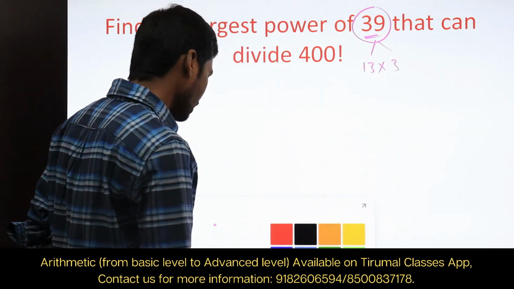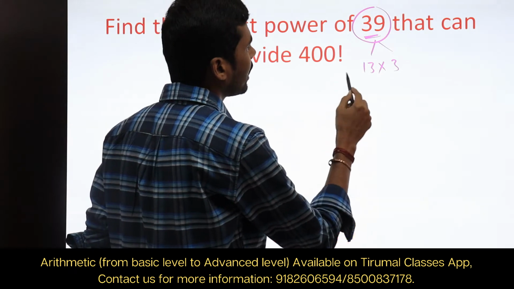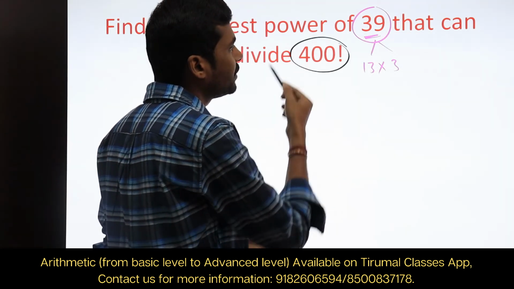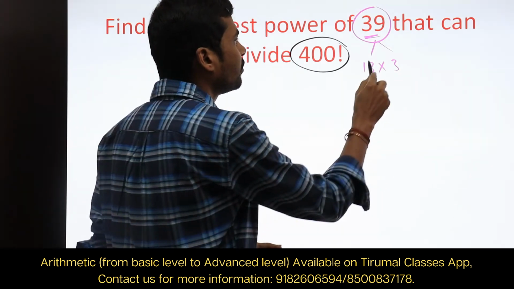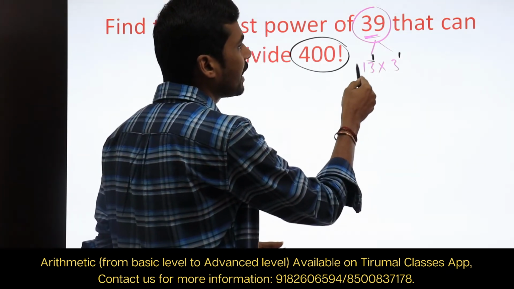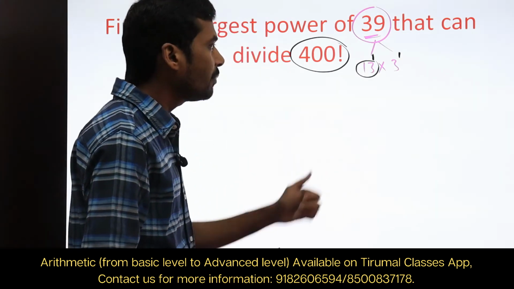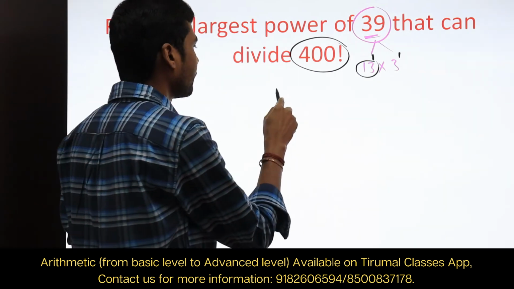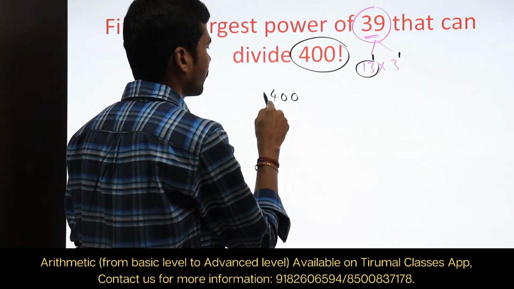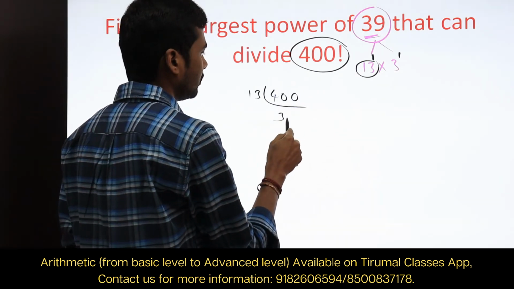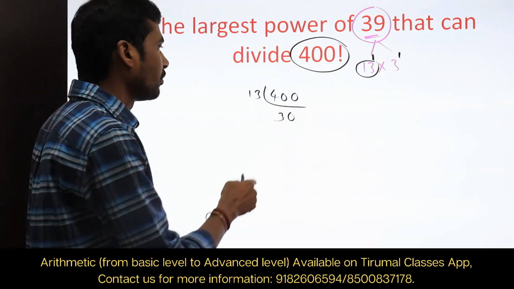After writing the given number as a product of prime numbers, the factorial must be divided with which number? If the powers are the same, and the powers are 1 each, I can directly divide with the maximum number. The maximum number is 13. 13 3s are 39, and 13 30s are 400.